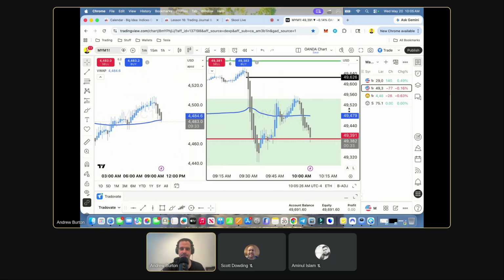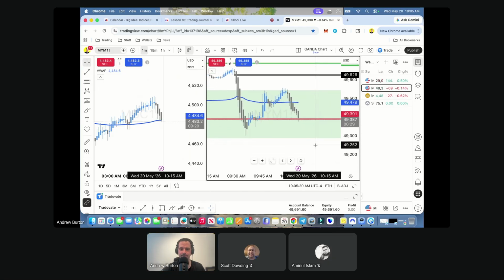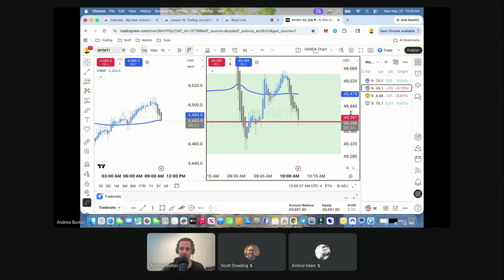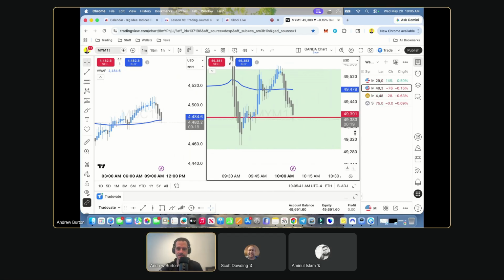US 30. Okay, so let's take this trade here. This will be our third trade. We'll see how it goes. If it's a winner, it's a winner. If it's a loser, it's a loser. So wait for the entry model.